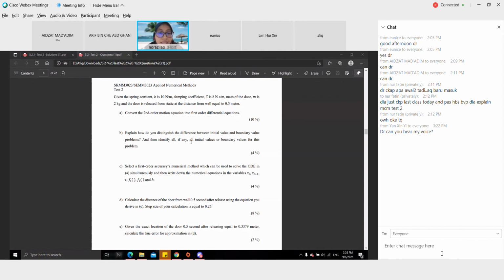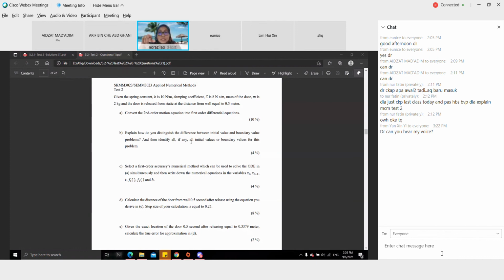And then soalan C. Select the first order accuracy numerical differential method which can be solved using ODE, and then write down the numerical equation when you come out with the first order derivation.